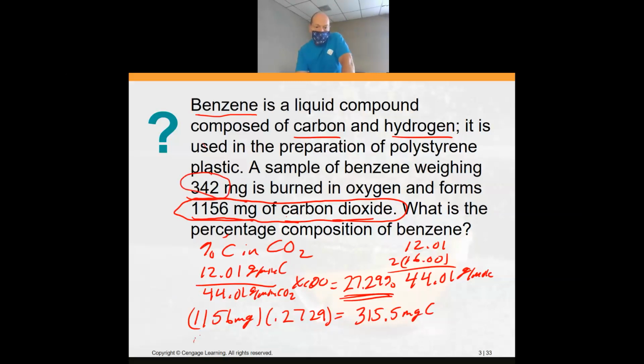And so to get the percent carbon in benzene, we take the mass of carbon, 315.5, divide by the mass of our benzene, which is 342, and multiply by 100.